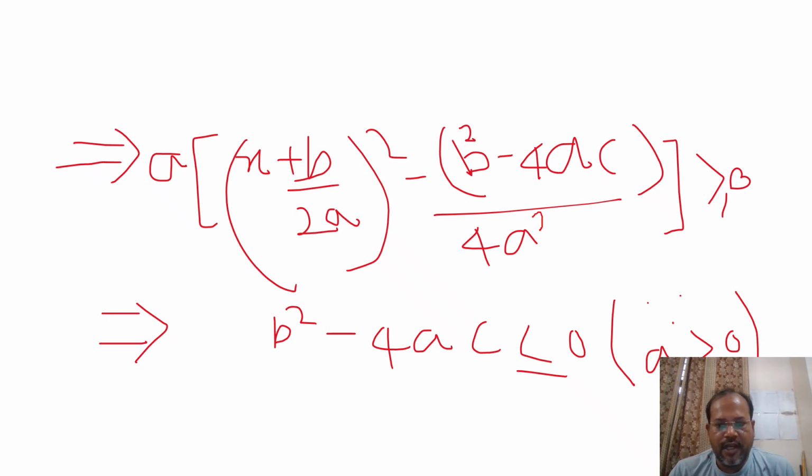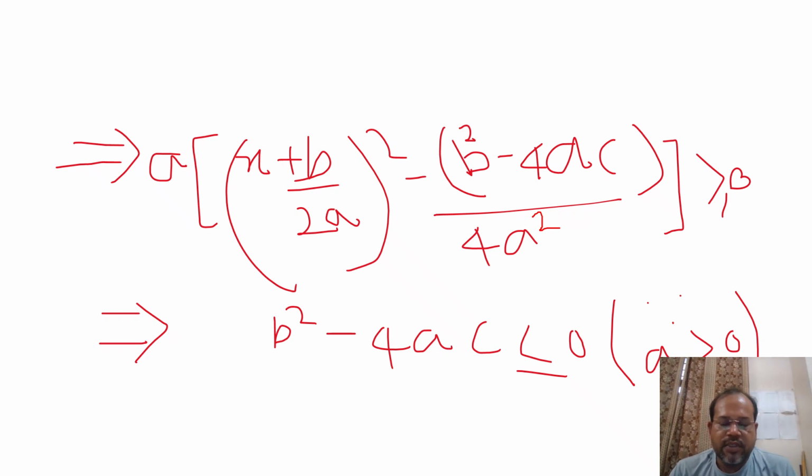Now we take the LCM of the bracket's second term. The first term has denominator a, the other has 4a square, so the LCM is 4a square. So first you get 4ac minus b square, and taking minus common, you can write it as minus of b square minus 4ac.